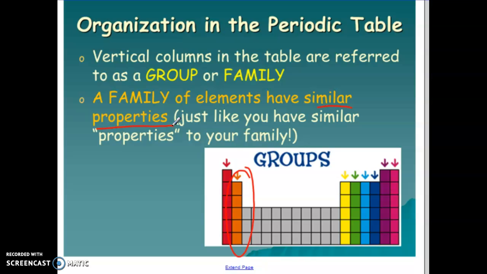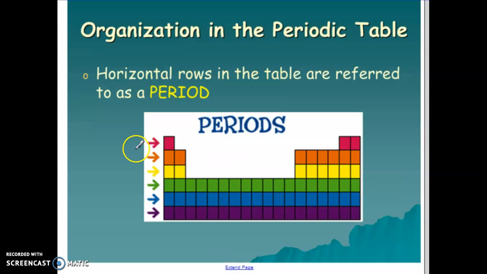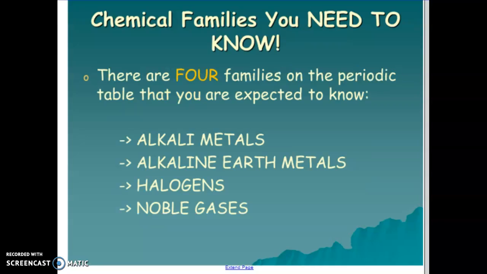Genetics plays a role in it, obviously. But a chemical family or a group are also similar because they have patterns or qualities that are very similar to one another. Of course, periods, we had already talked about this. They're the horizontal rows. There are 7 of them.